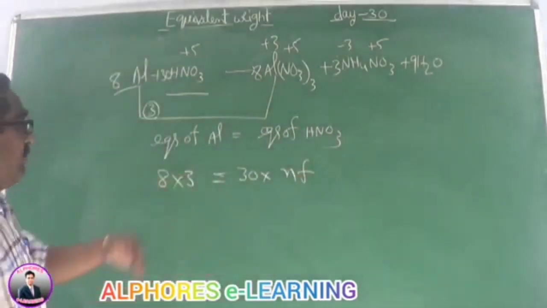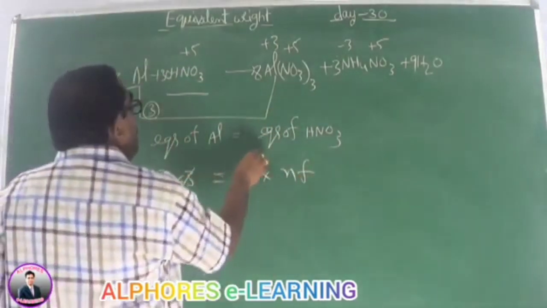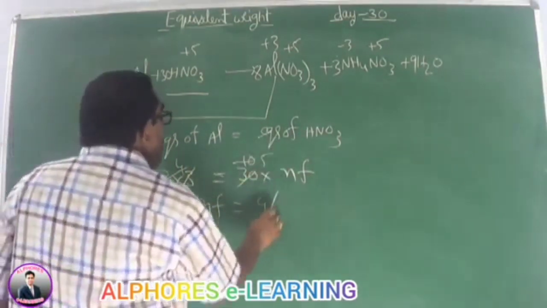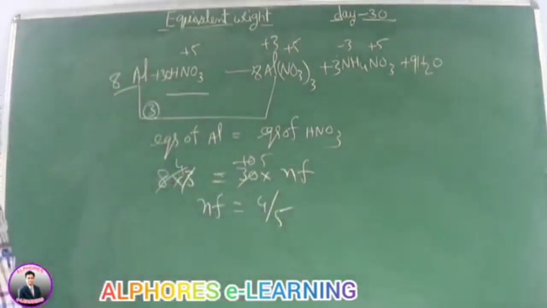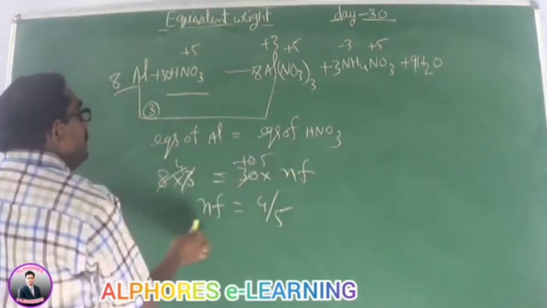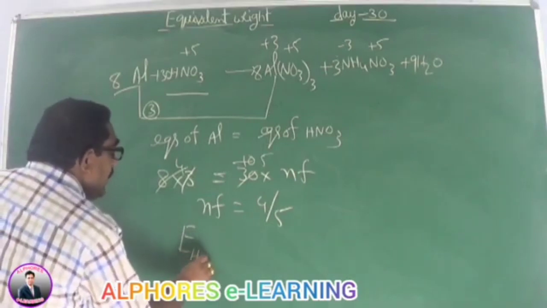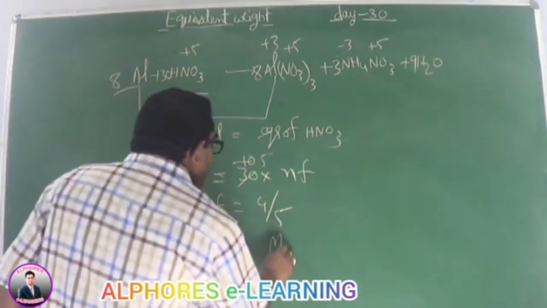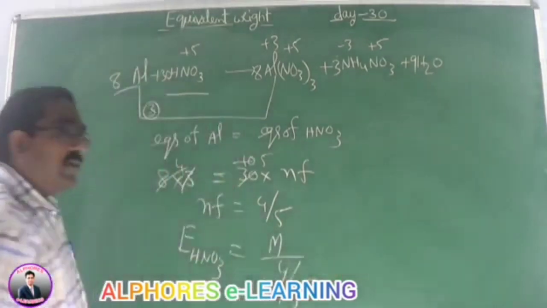First let me estimate the N factor. 10, 4, 5. So N factor is equal to 4 by 5. Now, the equivalent mass of nitric acid: formula mass divided by 4 by 5, that is 5N by 4.